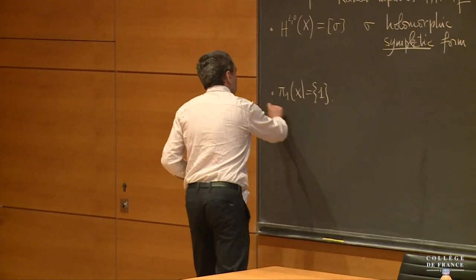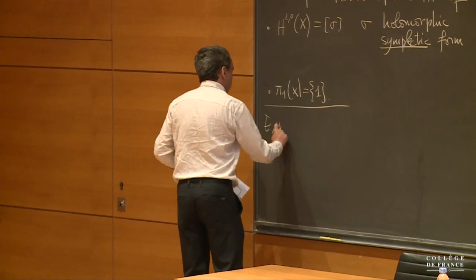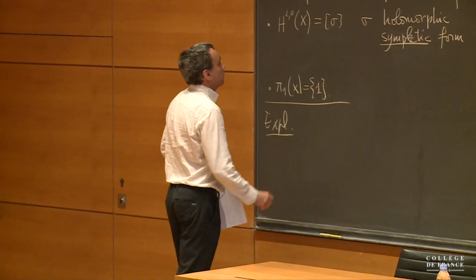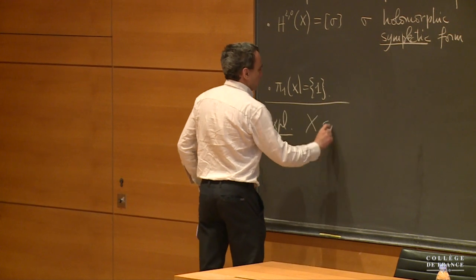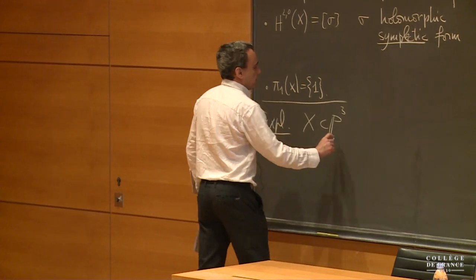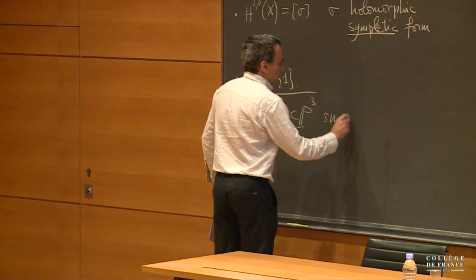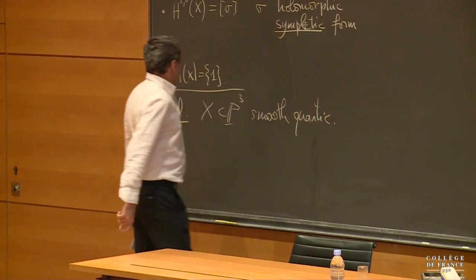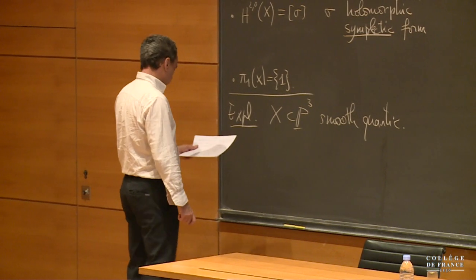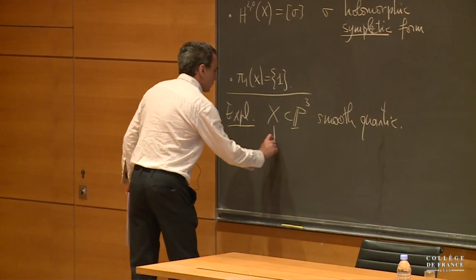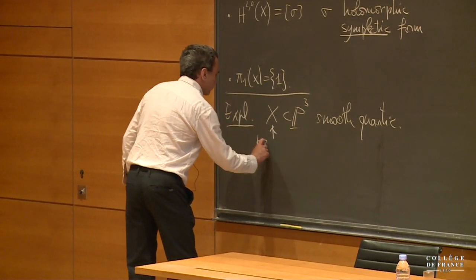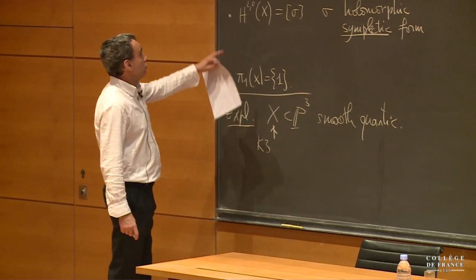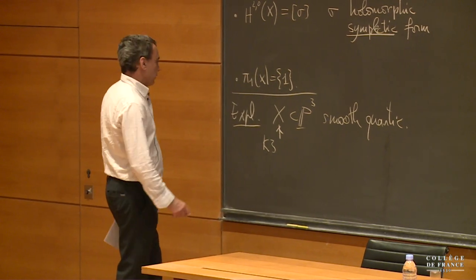So, example: we can take a smooth quartic surface in P3. This is a two-dimensional example. This is a K3, and in fact, in dimension 2, these are nothing else than K3s.